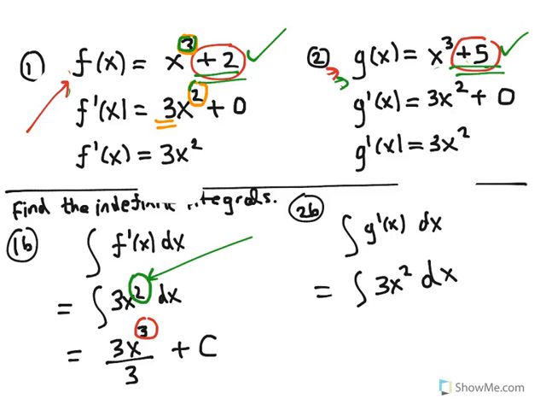The reason for that is because in the original function, you could have had some constant that perhaps you're not aware of in this process of finding an indefinite integral. So your final answer will be x cubed plus c, some constant of integration, and this would be your function f of x. And what could c be? Well, it could be 2, it could be 5, or it could be some other constant. You won't be able to tell unless you have additional information called an initial condition.